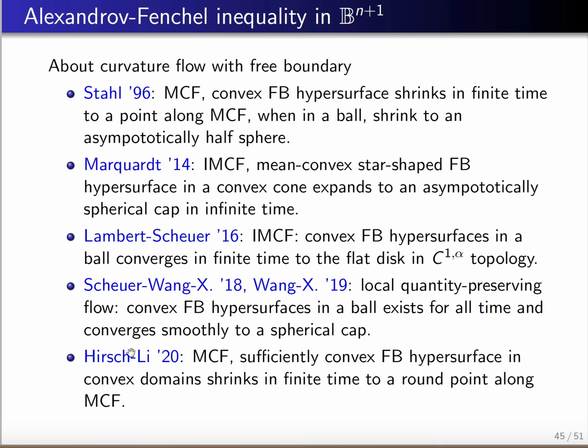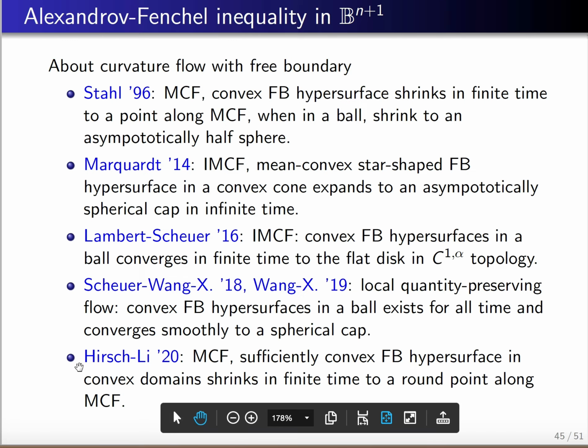And this result was generalized recently by Hirsch and Martin this year. So they proved that sufficiently convex free boundary hypersurfaces in convex domains shrink in finite time to a round point along the mean curvature flow.